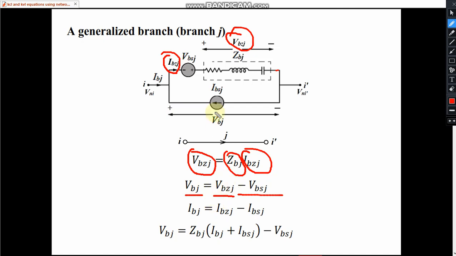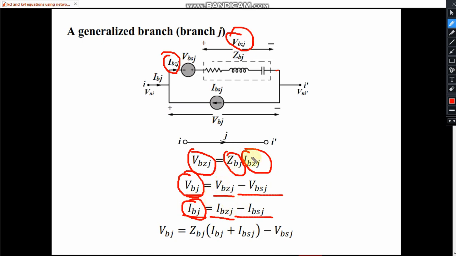If we talk about current, this total current will be this current plus this current. This current is IBZJ, and this current is actually in the opposite direction, so minus IBSJ. So minus IBSJ plus IBZJ. So this is equal to this branch current. So this is the total branch voltage, this is the total branch current.